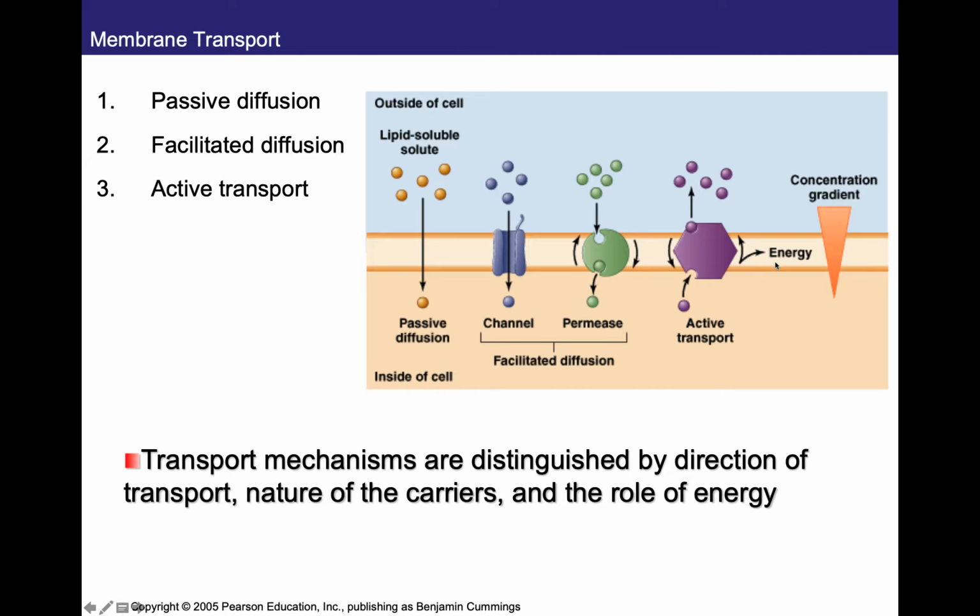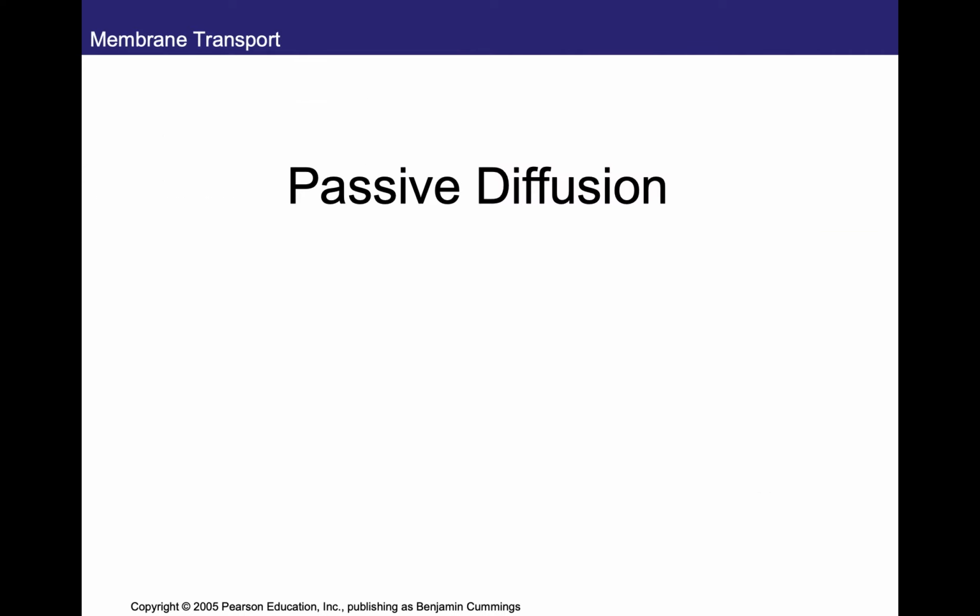And we're going to focus on the sodium-potassium ATPase, which we've already mentioned before. That's a primary active transporter. So transport mechanisms are distinguished by direction of transport, nature of the carriers, and the role of energy. Okay? So let's get to passive diffusion or simple diffusion.